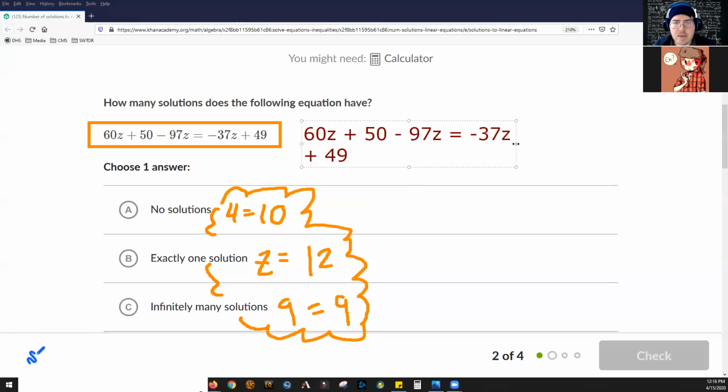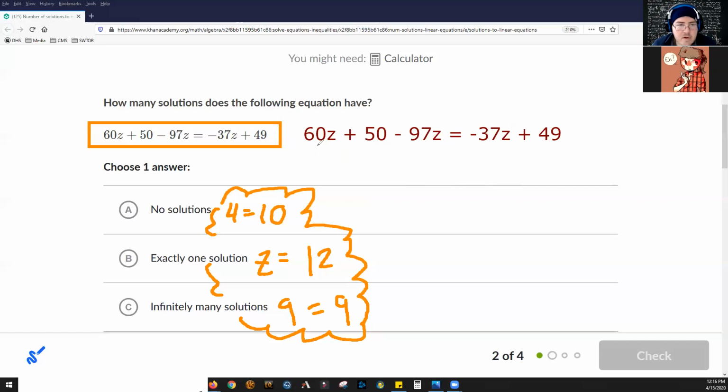The quicker you get with these, the faster you'll realize what the answers are without even doing much scrap work. So if you're bothered by these big numbers, then just get better at them and you'll have less to do. Oh, let's see. 60z plus 50 minus 97z equals negative 37z plus 49. I always double check that I wrote down the numbers right.